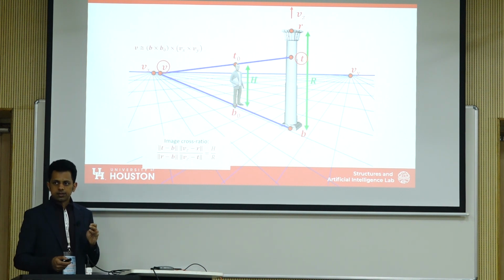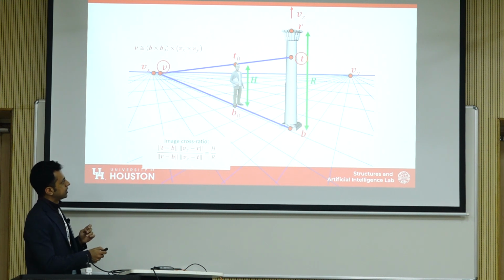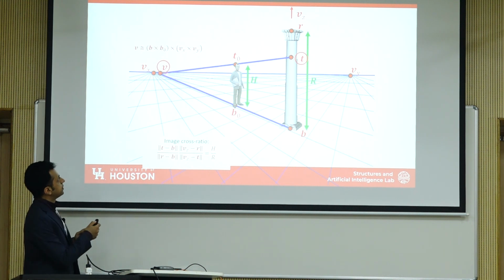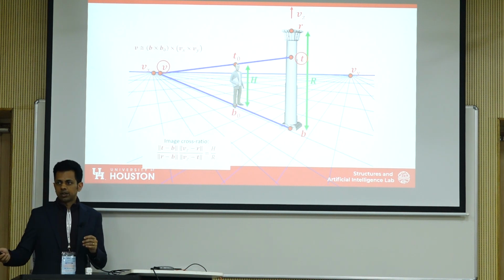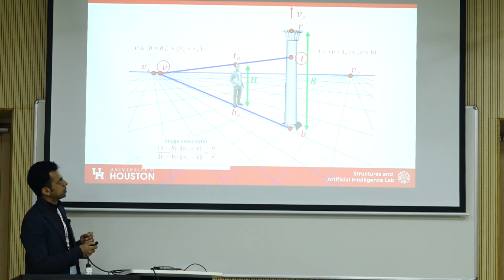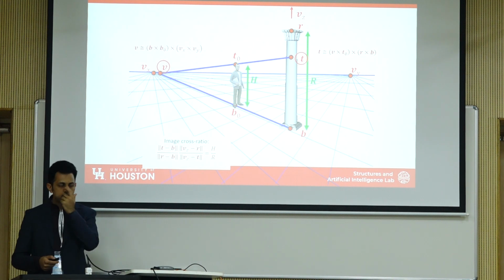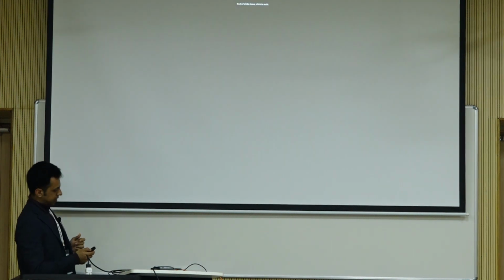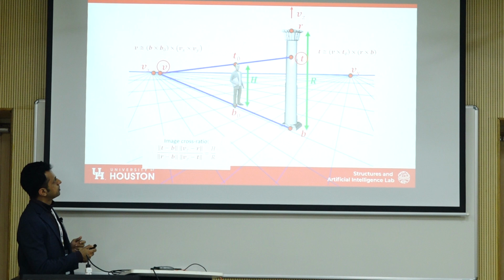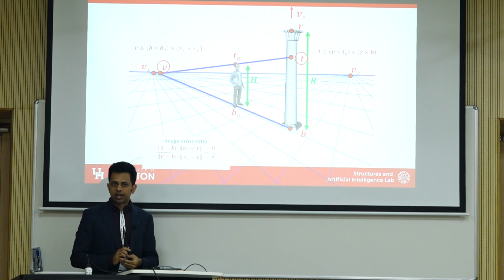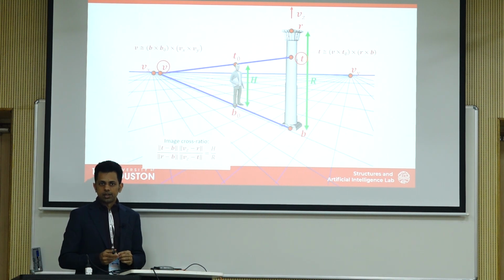So what's the line that joins b and r? b cross r. The line that joins v and t naught is v cross t naught. So I take the cross product of those 2 lines, I get t. So once I have t, I know the height of the person, I know this pixel height, I can just take the ratio and I get the height of the pillar. Make sense?